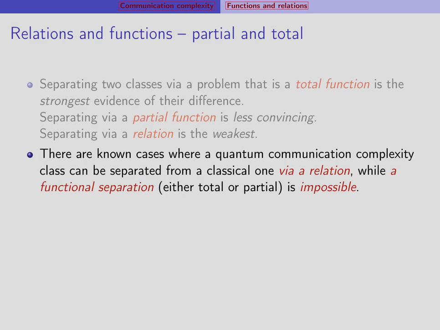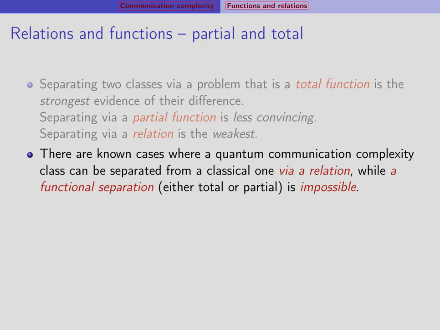This division into types of communication problems is quite crucial, because there are some known cases where a quantum communication complexity model is stronger than some classical model, but it's known to be stronger only for some relational problems, while it is also known that for any functional, either total or partial, problem, the two classes are equal.